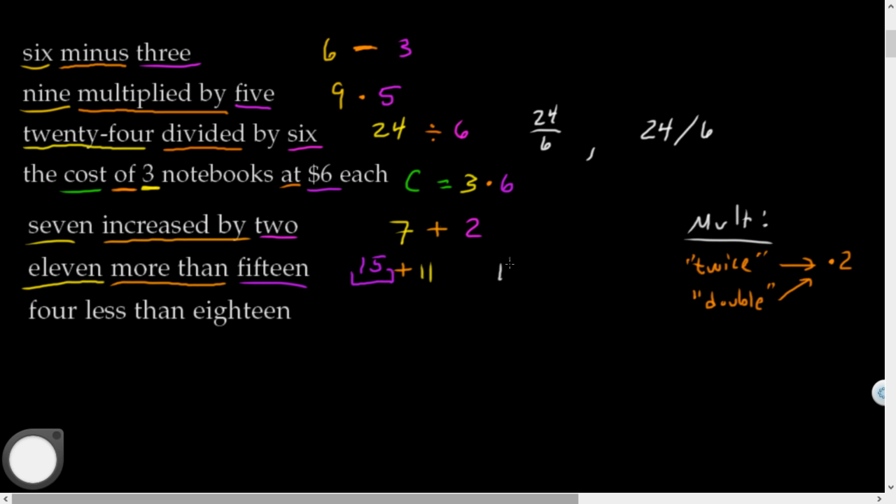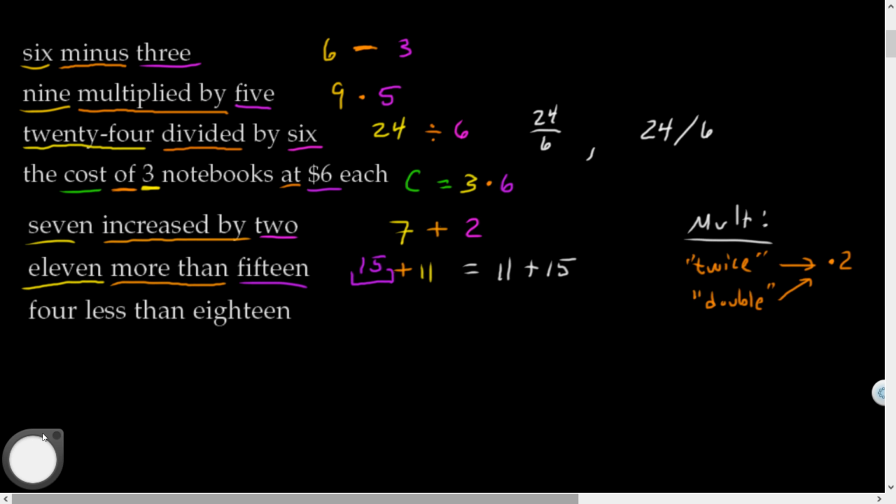You could have done 11 more than 15, which is not the way the phrase is written, but these are mathematically equivalent expressions. 11 plus 15 and 15 plus 11 are both equal to each other. That's actually called the commutative property of addition, where you can add in any order, and it won't matter. That is not the case for division or subtraction.